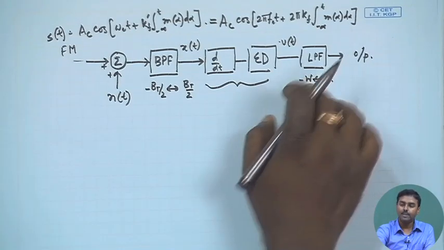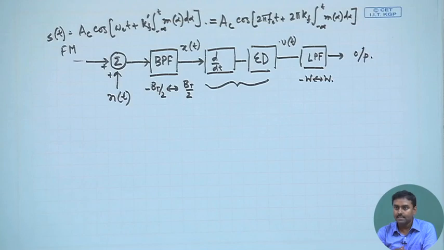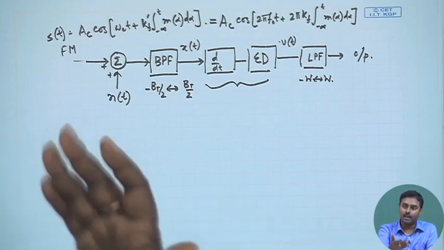This low pass filter will facilitate noise cancellation, and you will see that only FM gives this facility, all other modulation schemes do not, and that along with some other things which we will be exploring gives FM its edge over other modulation schemes. So, we will come to that. So, this is the overall receiver architecture, right.